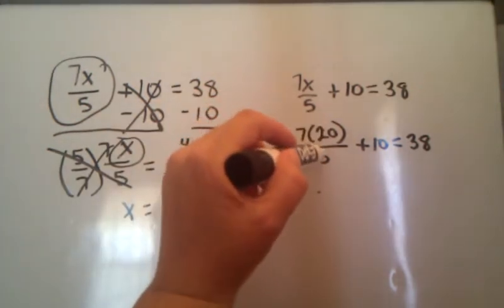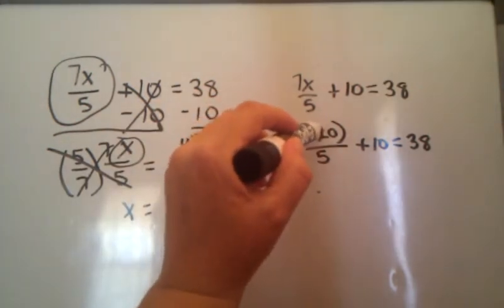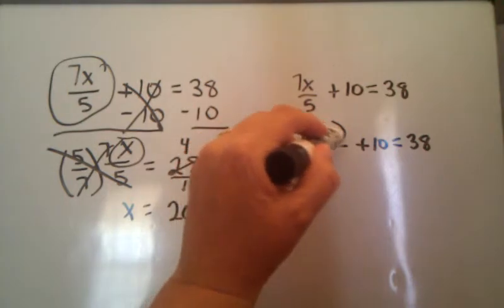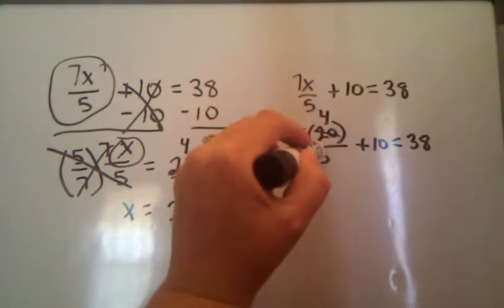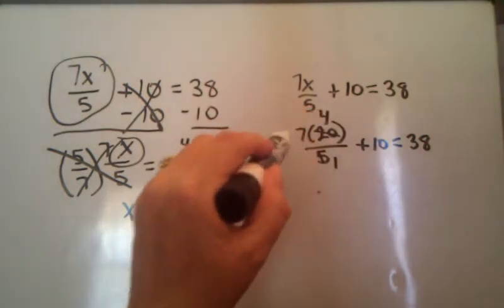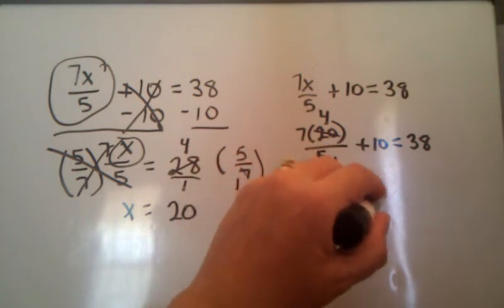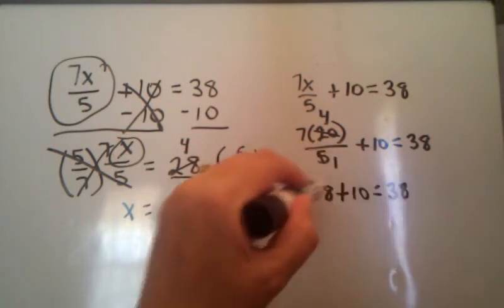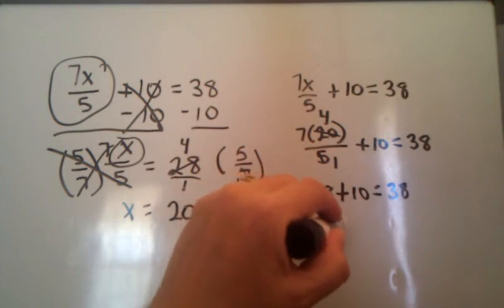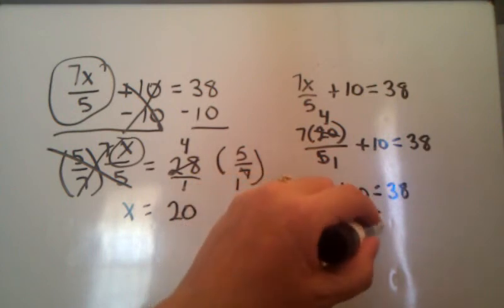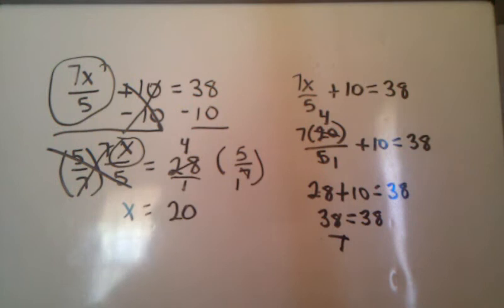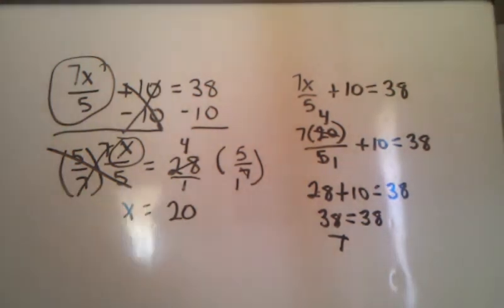I have 20 divided by 5. I can divide them both by 5. 20 divided by 5 is 4. 5 divided by 5 is 1. 7 times 4 is 28 plus 10 equals 38. 28 plus 10 is 38 equals 38, and that's true. Okay? Alright.